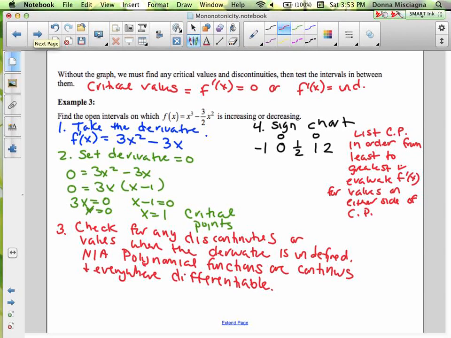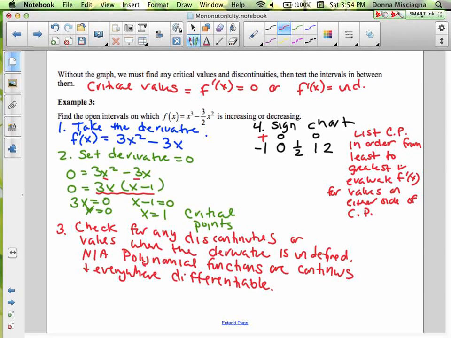All right, so we're plugging into this right here. If I plug -1 into 3x, that's going to be negative. If I plug -1 into x minus 1, that would be -2, and that would be negative. And if I multiply two negative numbers together, that's going to be positive.